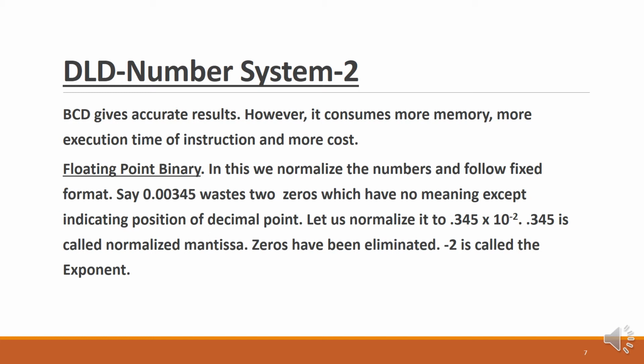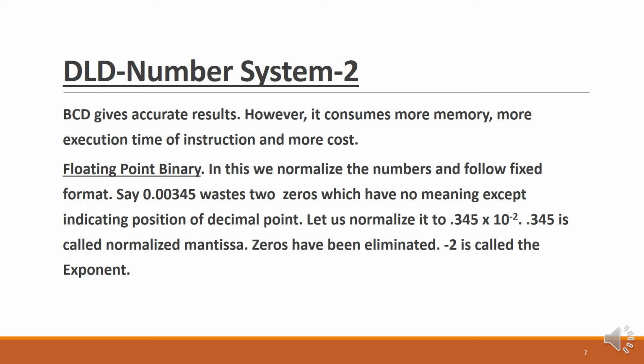That is against our philosophy, that we have to be fast and we have to spend less. So then what is the solution? The solution is that we go to the floating point binary. In this we normalize the number and follow the fixed format.